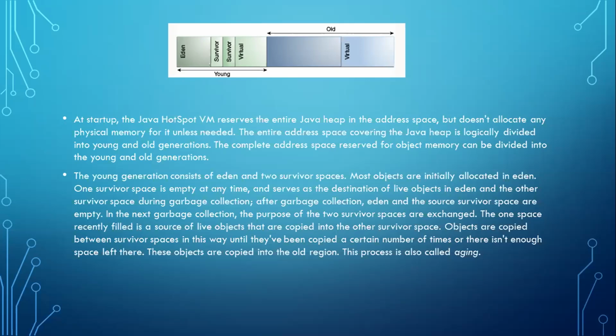Out of 100 seconds of execution time, 5 seconds are spent by garbage collection, and 95 seconds are spent by the program itself. So throughput here is 95%. At a very high level, this is what throughput means.